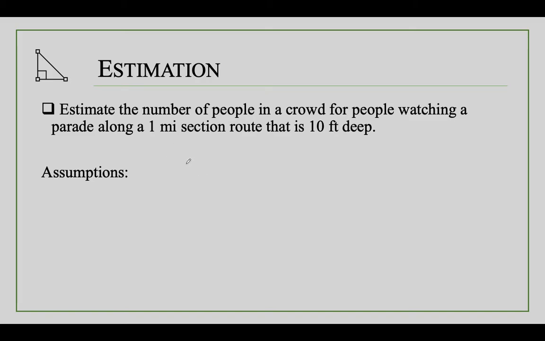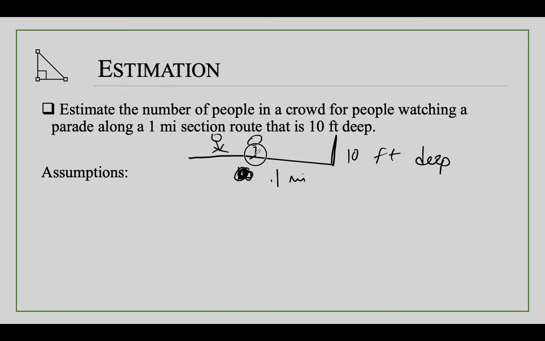So I think it's always good to draw out what I'm reading here. So this is 1 mile, and it is 10 feet deep. So I have people all here watching the parade go by.